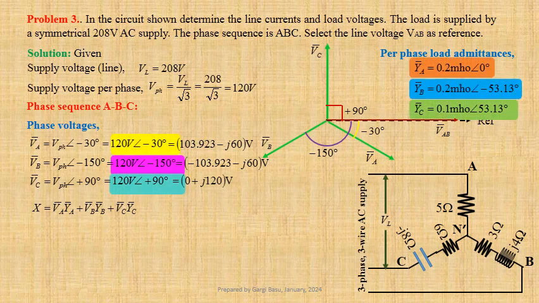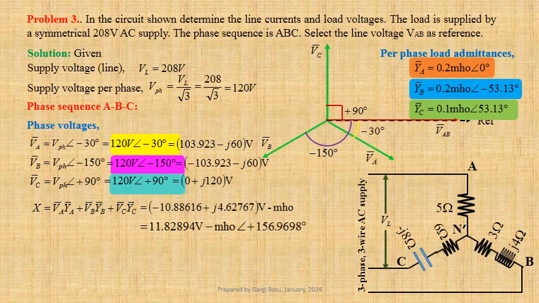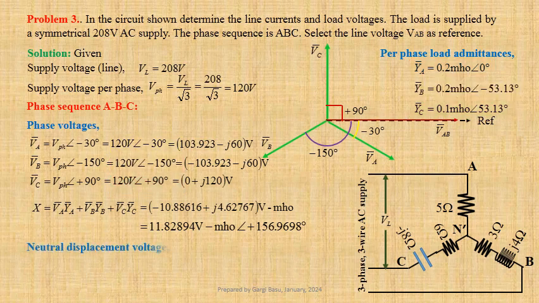Using values we get X equals minus 10.88616 plus j times 4.62767 volt mho. In polar form, this may be written as 11.82894 volt mho at an angle plus 156.9698 degree.